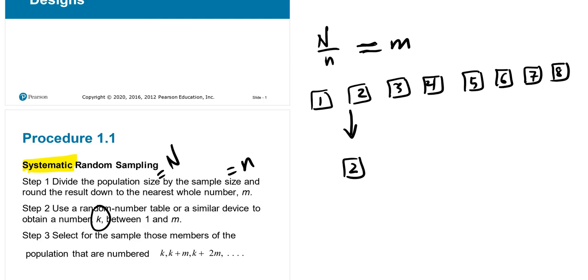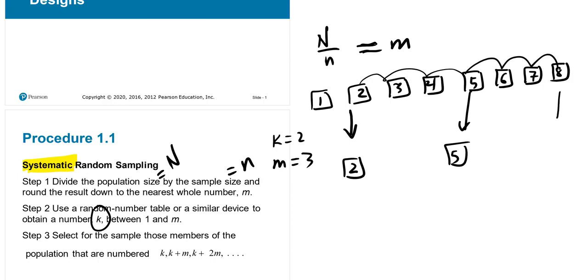And then M is how far you want to go up. Maybe I want to go up by 3. So K is 2, M is 3. So you go 1, 2, 3. Now you pick the 5. You go again 1, 2, 3. Now you pick the 8. And then this keeps going on and on. Basically we are selecting every third number from the list, or every third person from the list.